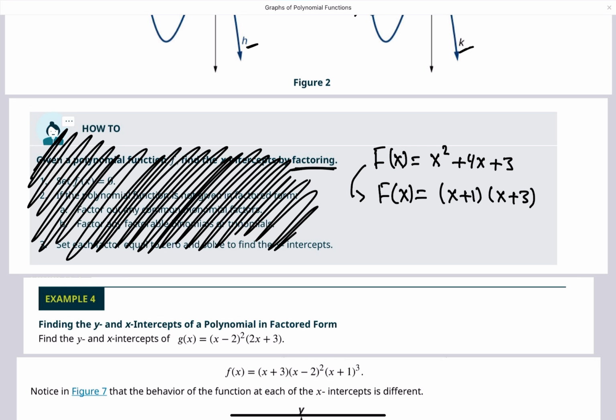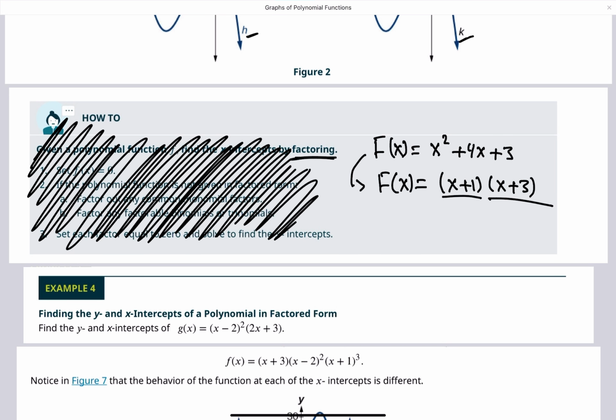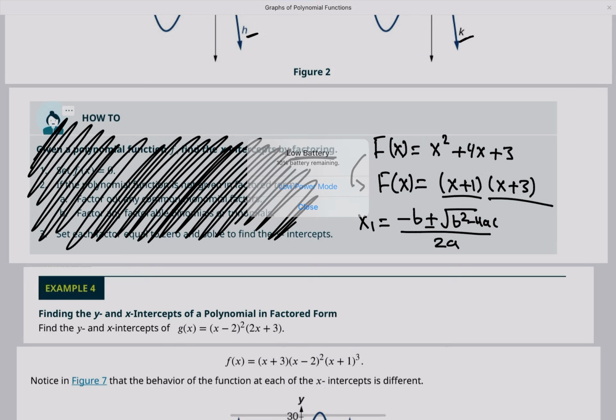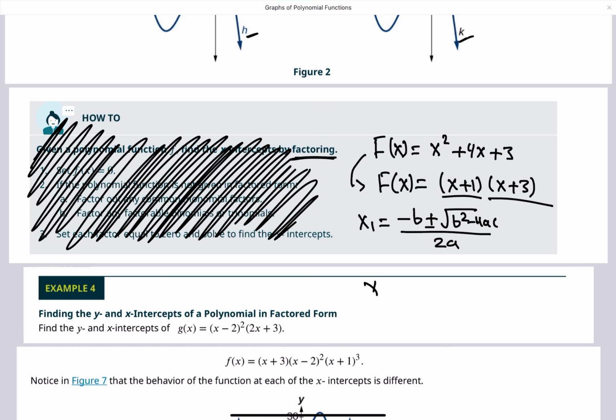How do we find the factors? We've taken this before. We simply just do x1 equals negative b plus or minus the square root of b squared minus 4ac, right? Divided by 2a. So we do 2 cases. x1 would be the positive version, right?